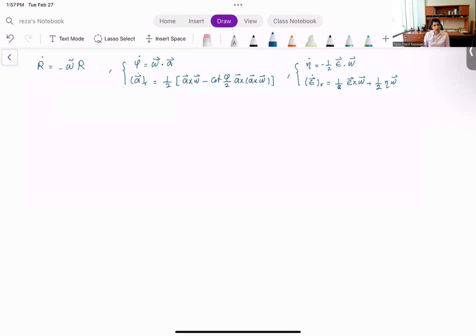But why are these useful? They are extremely useful in a very important way.